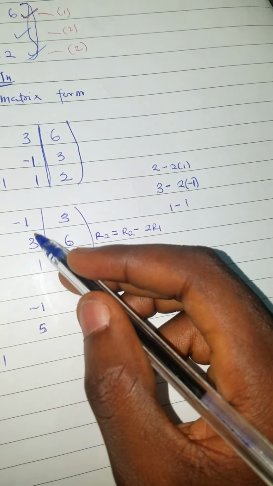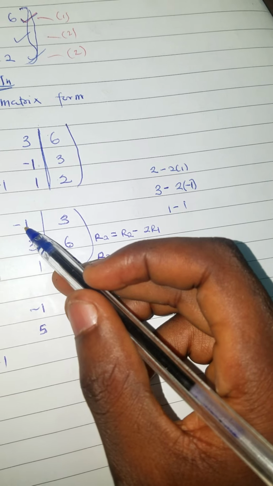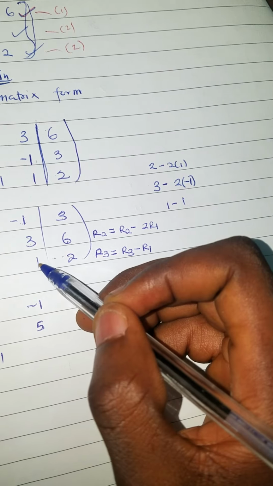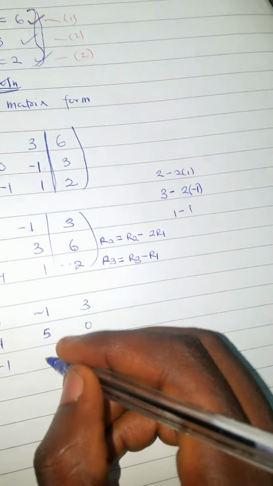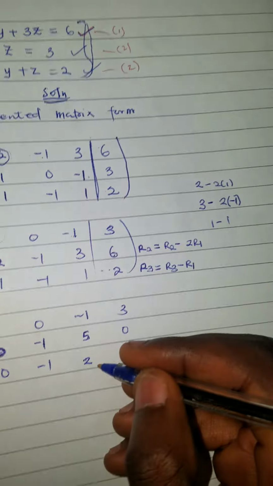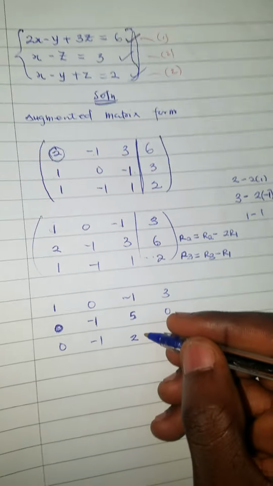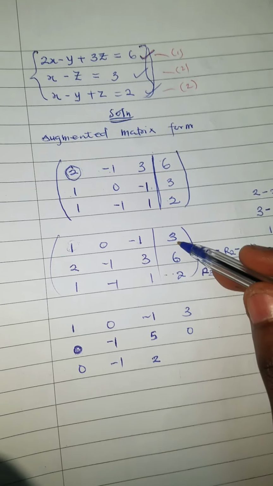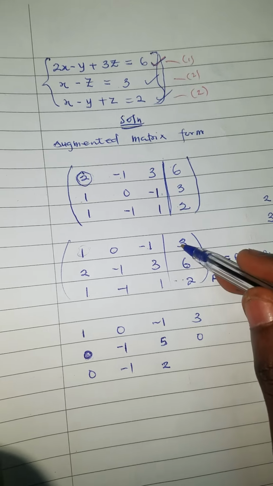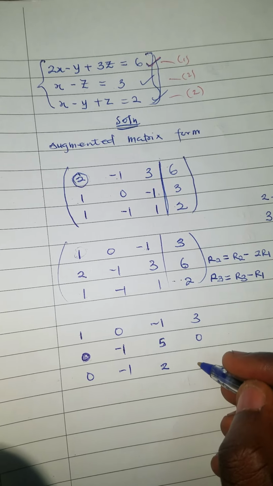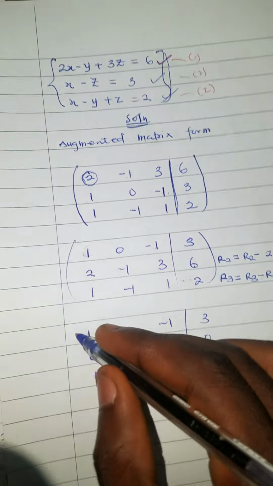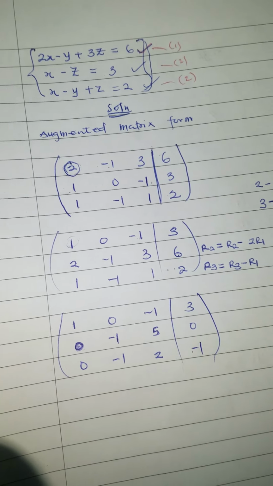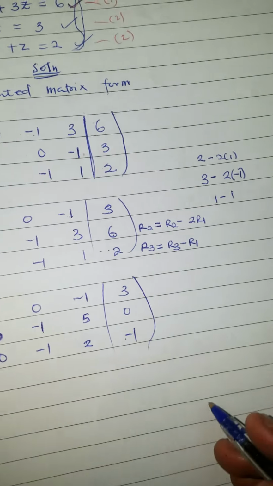Then this is 1 minus minus 1, which will be 2. Please, I hope you are getting me. Then the next thing is 2 minus 3, which will give us minus 1. And this is our third row.